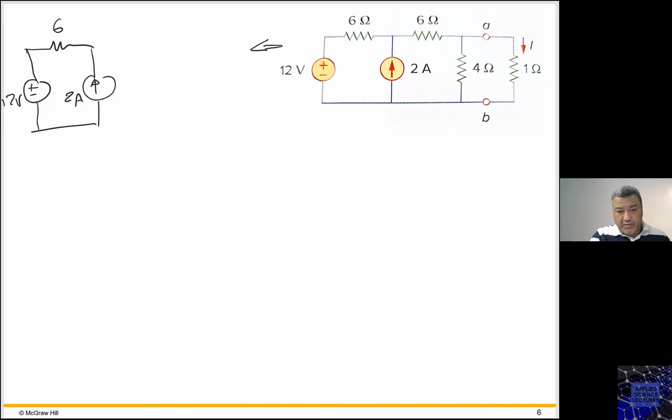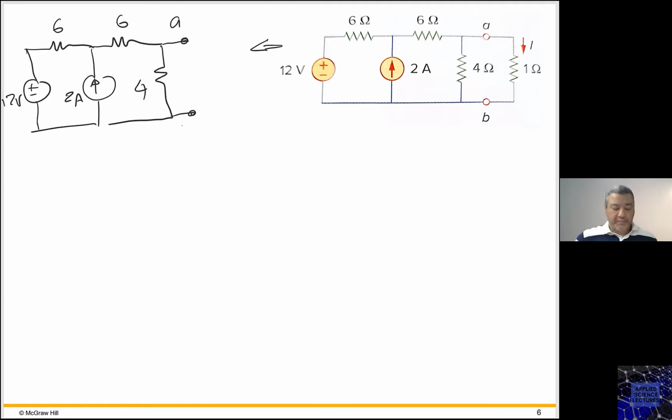Notice that all the sources are independent sources here. 6, 4, and I will keep those ones just to show me that I have disconnected.